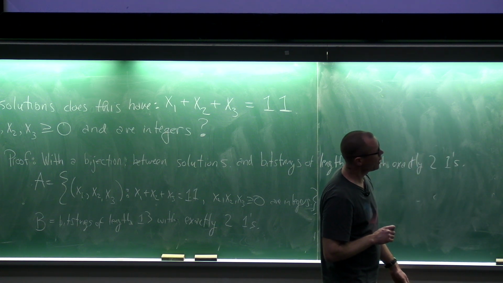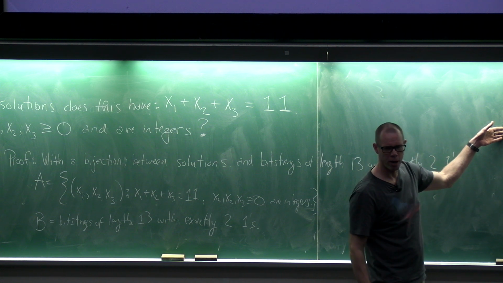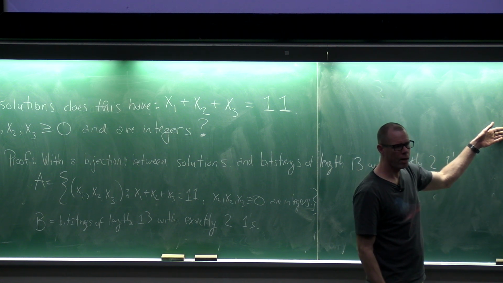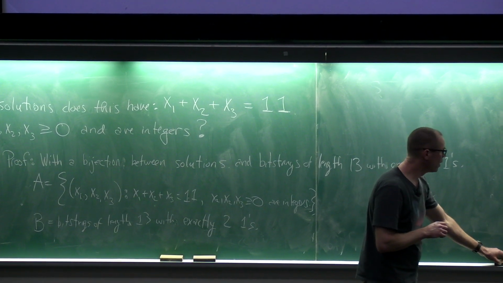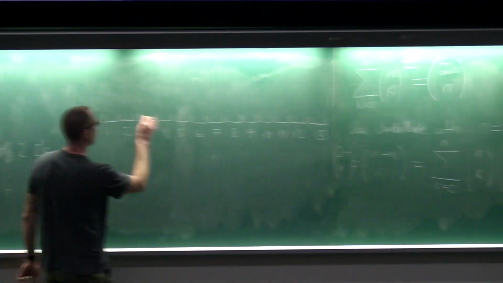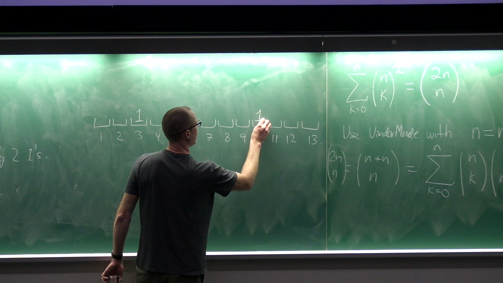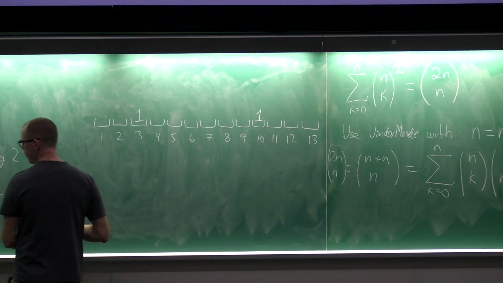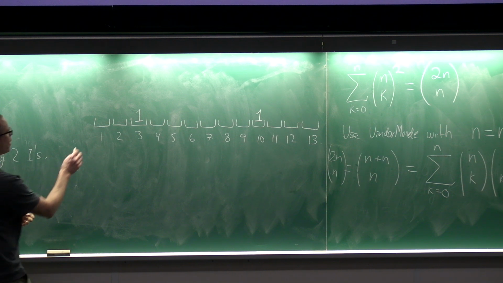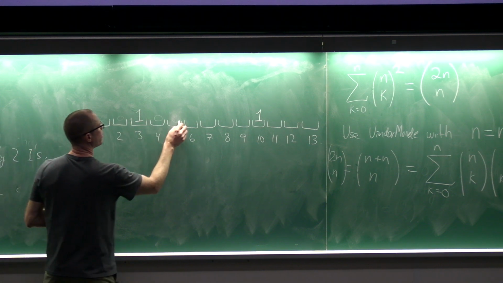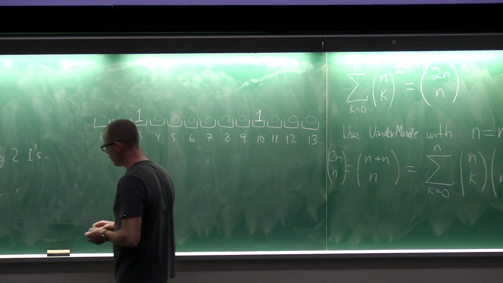So here are the 13 digits of a bit string, say. And I'm interested in a bit string with 2 ones. So for example, maybe a 1 here and a 1 here, and zeros everywhere else. I'll hardly draw those in because they're not actually that important.